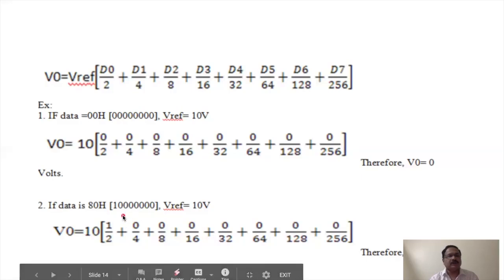Sorry, there is a mistake here, I think. So here you will get the output voltage 10 into 1 upon 2. So this should be the D0 bit, and this is the D7th bit, right? So you will get 5 volt as the output voltage. That is how for the corresponding digital input using the D2A converter, we get the equivalent output voltages.